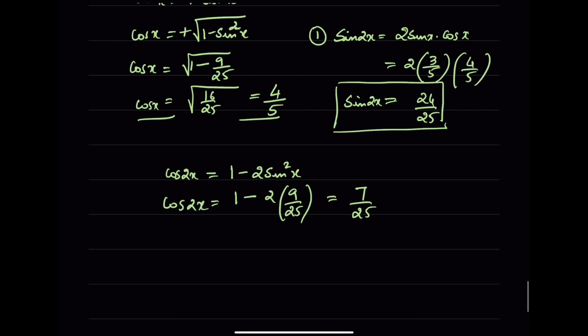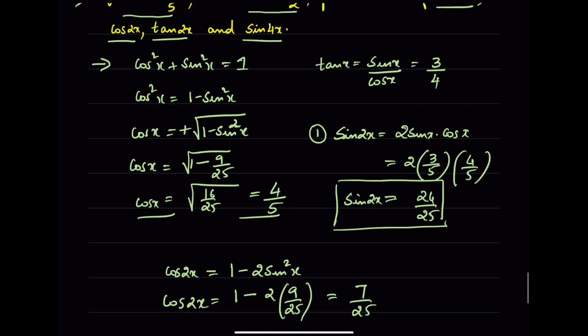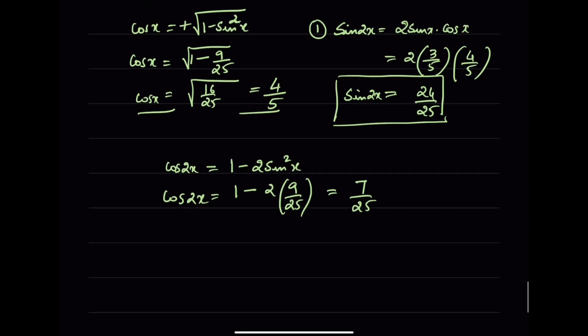Now tan 2x can be easily found by writing it as sin 2x by cos 2x, but just for the sake of learning the application of the formula, let us apply tan 2x is equal to 2 tan x by 1 minus tan square x.